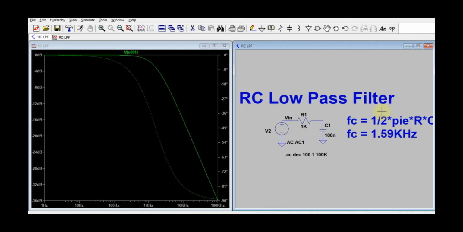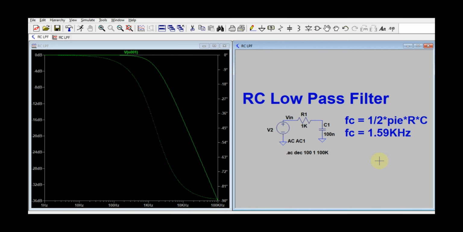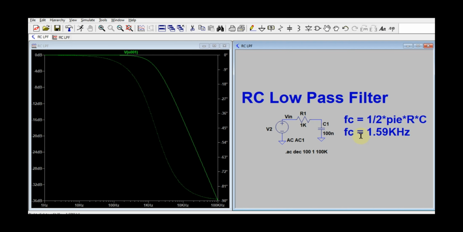Here you can see this is the AC analysis or Bode plot of the RC low pass filter. What our calculation says is that your corner frequency is 1.59 kilohertz. Let us see what is happening in the waveform. You can see here is 0 dB, as you already saw in the theory, here is the magnitude, and here is the frequency, which starts from 1 hertz to 100 kilohertz.